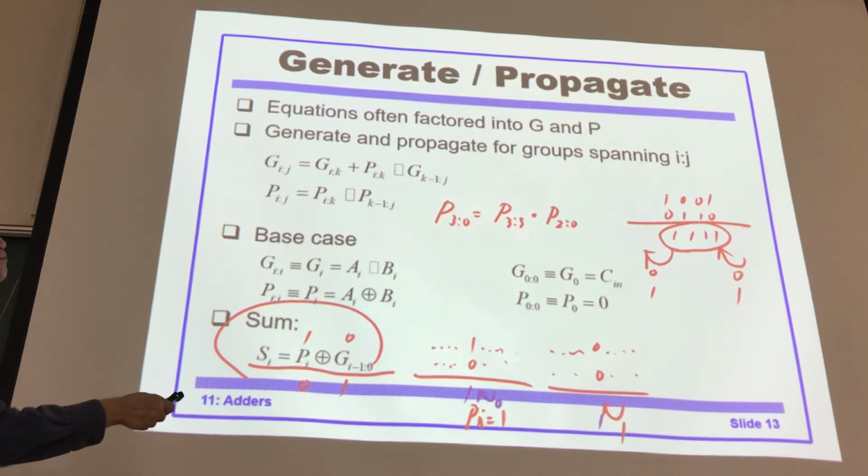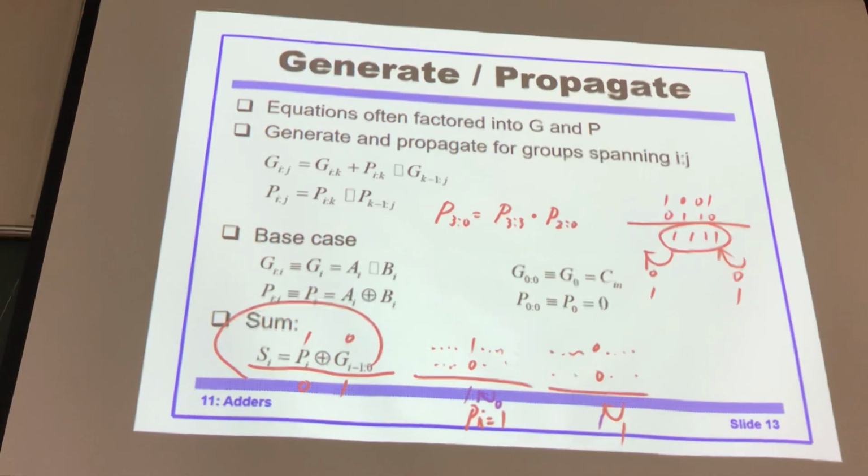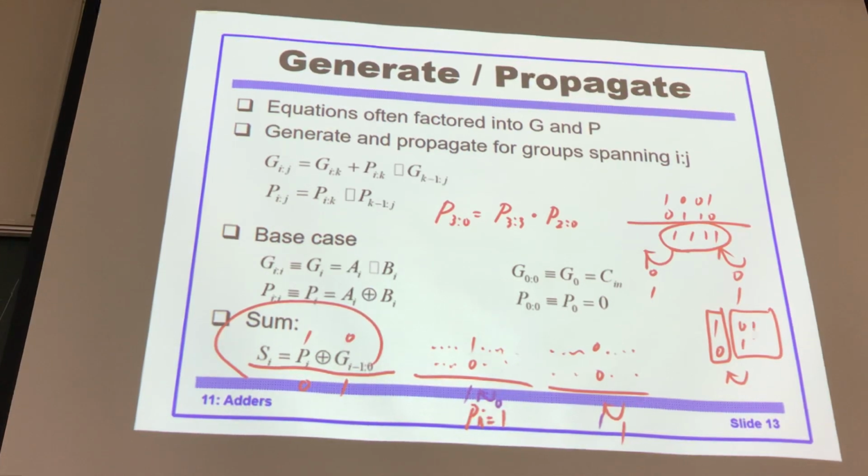And if for P3, for 1 bit position, 1, 0, and also you get something like 0, 1, 1, 0, 1, 0, then you get 1, 1, 1.